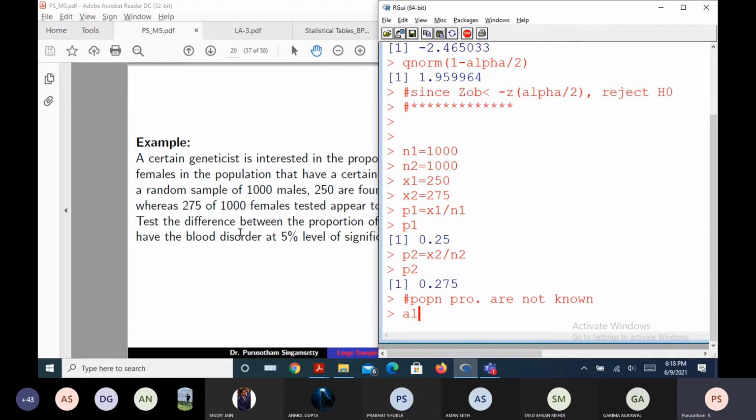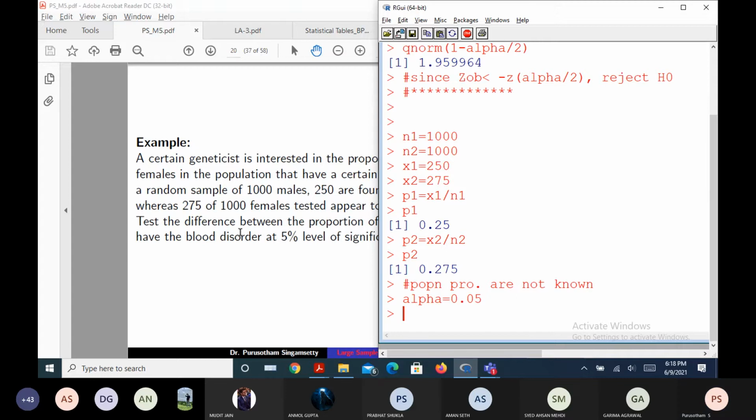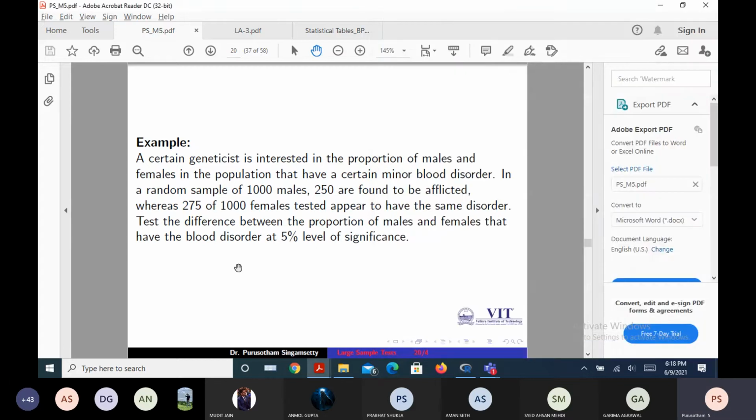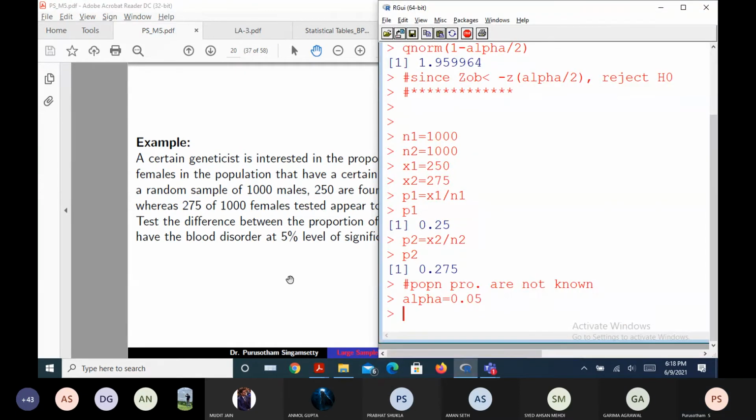Alpha is how much? Level of significance 0.05. What are we interested in testing here? The difference between the proportion of males and females that have the blood disorder. So what is the null hypothesis that we can choose?